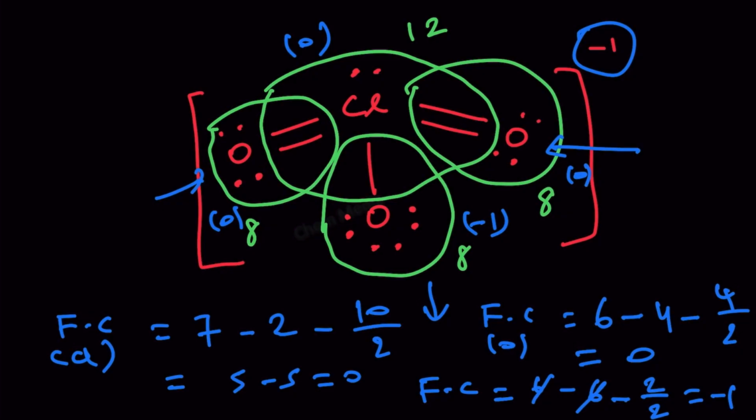And the reason is we can have resonance contributions, because one can also write a structure like this. Chlorine having a double bond with the 2 oxygen atoms. So instead of the central oxygen atom having the single bond, now we are putting the single bond on the right hand side.